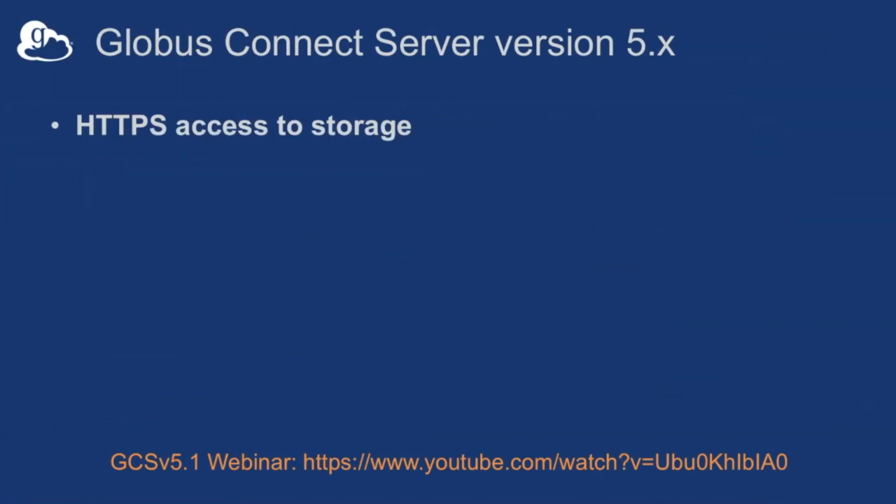The big feature of version 5 is we've been talking for a while about getting HTTP access to storage. So any endpoint, any system out there to which you can get via Globus today, all these new connectors I'm talking about, all those systems, not only having asynchronous bulk data transfer through the GridFTP protocols, but also having HTTPS access with full security, full OAuth support, all the same access control mechanisms as you have in sharing today, but all with HTTP access.